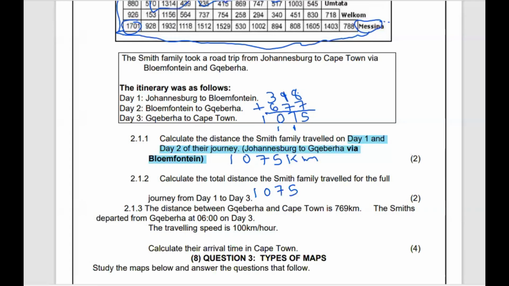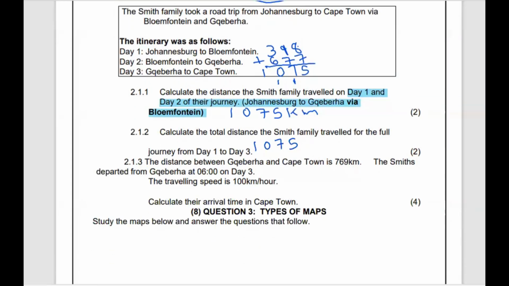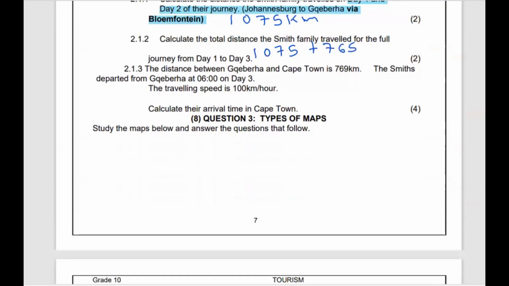So we say 1,075 plus 769. Let me calculate it using the normal addition route, but you can also make use of your calculator.